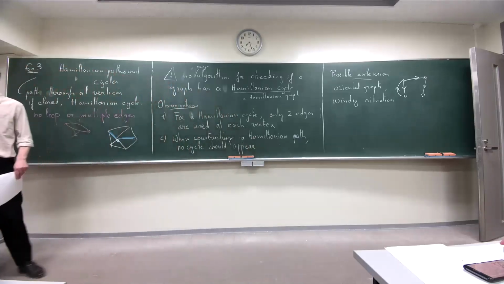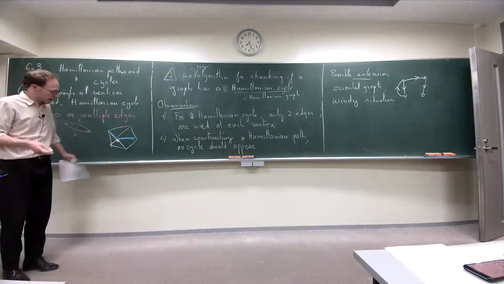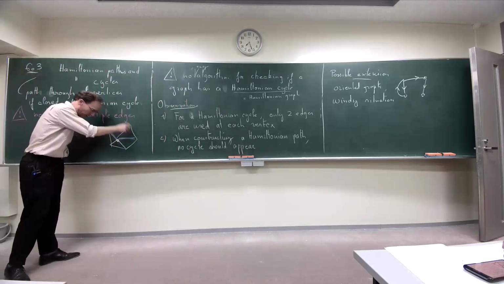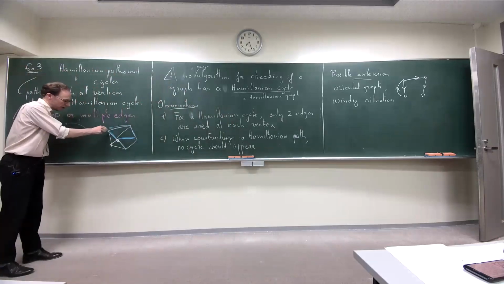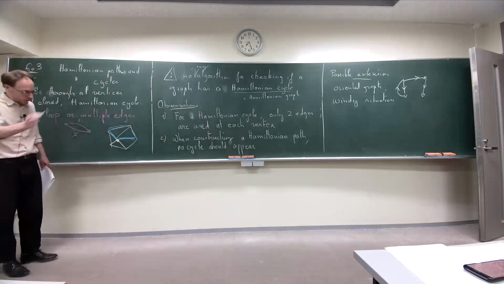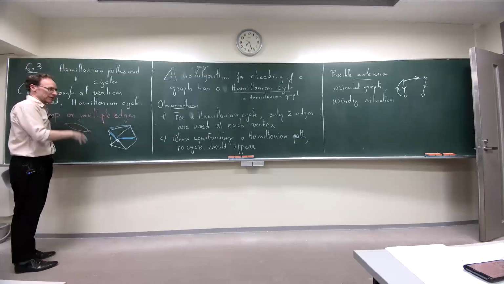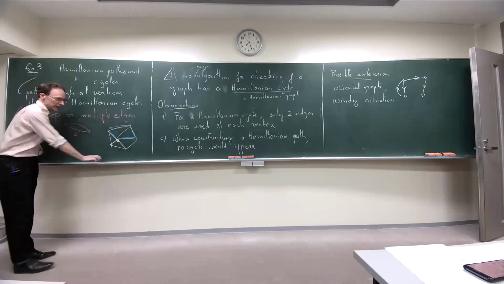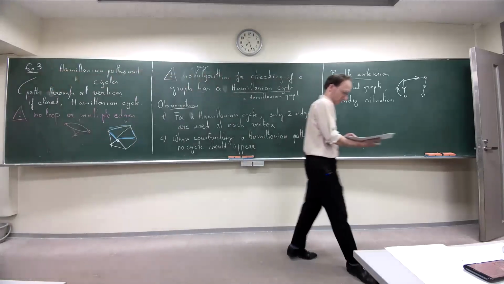If you have a way to construct a Hamiltonian path, during the construction you are not allowed to have a cycle, because it means that at one point you have a cycle, you won't be able to continue without visiting 2 times one vertex. So this is just an observation. If you do a construction for getting a Hamiltonian path, you cannot have a cycle at any point, because this would contradict.